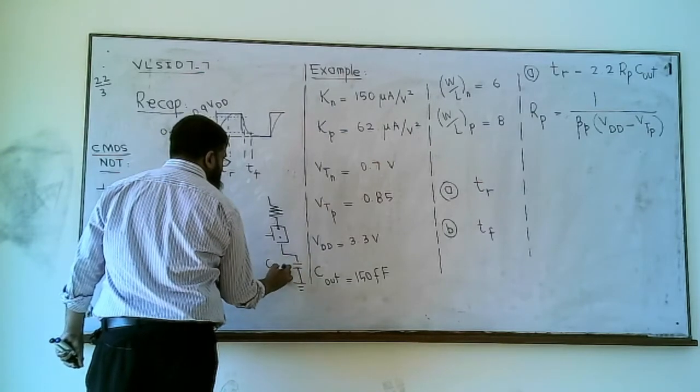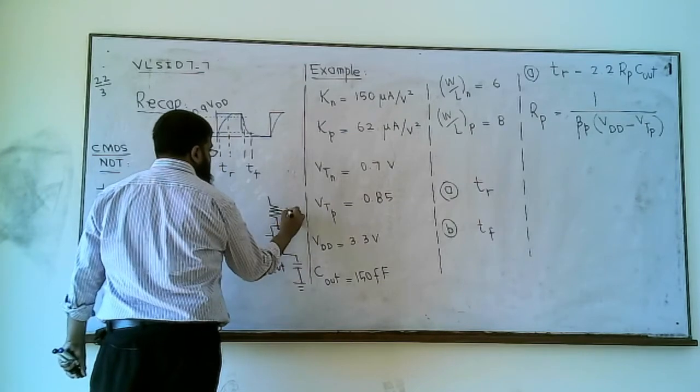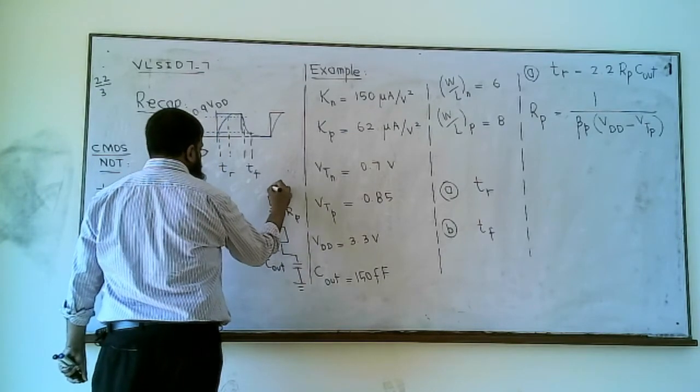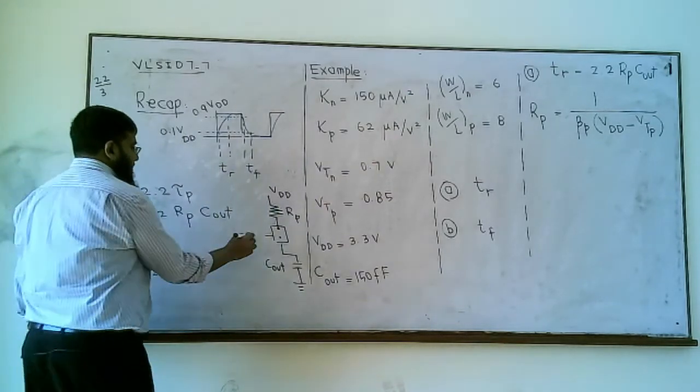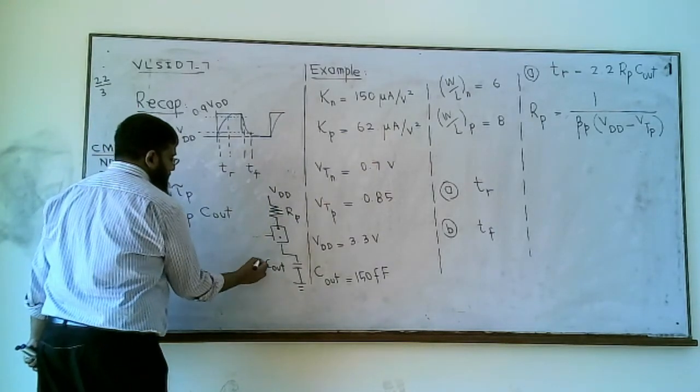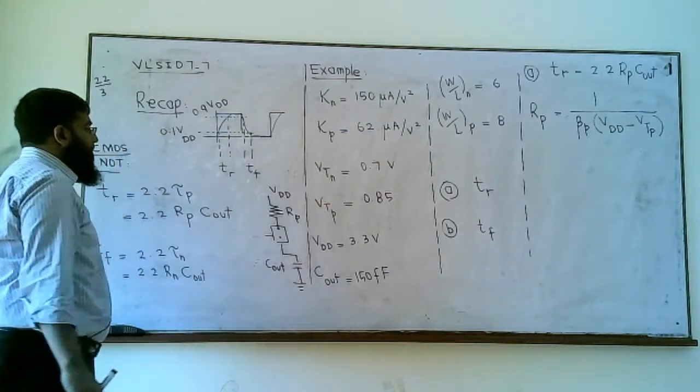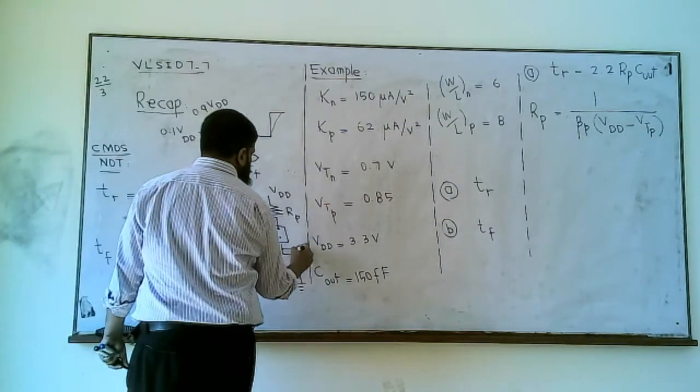This is the equivalent circuit during the rise time, during the time when the output signal rises from 0 to VDD, and this is the output.